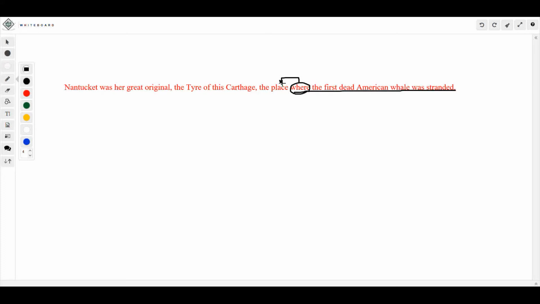So when we do our diagramming, where is going to be touching place, basically. Then you have to figure out where goes. We'll get there. So Nantucket was her original blah, blah, blah. Let's see if we have any prepositional phrases in here. Of this Carthage is a prepositional phrase. Was is our verb. Nantucket is our subject.